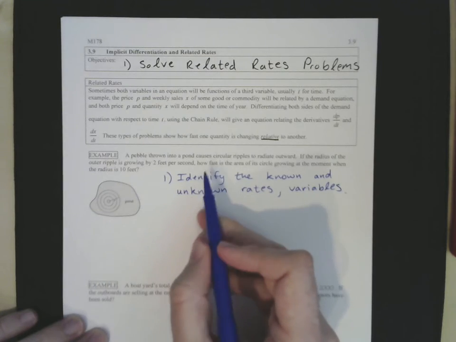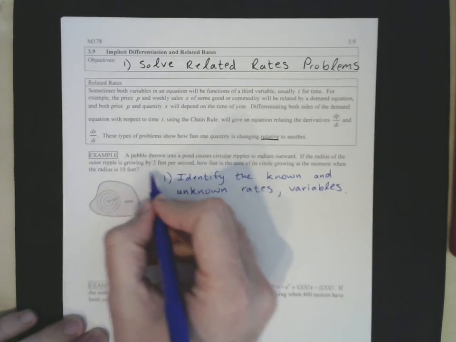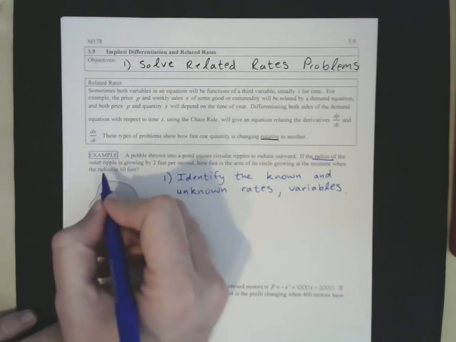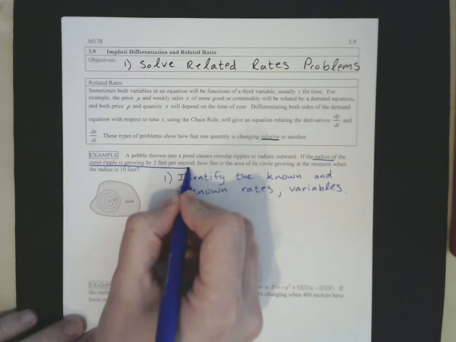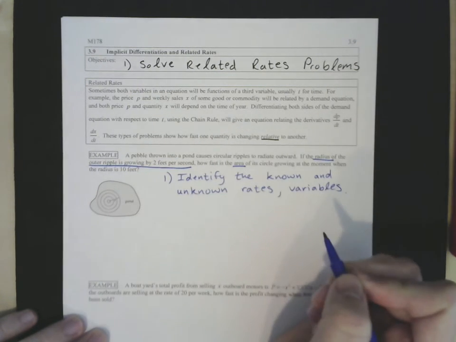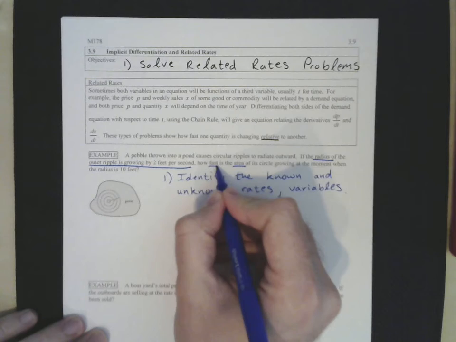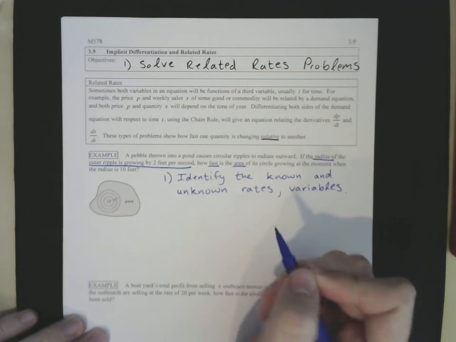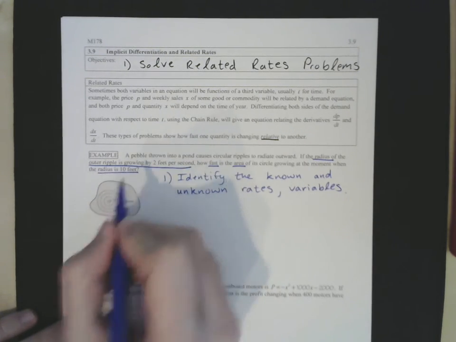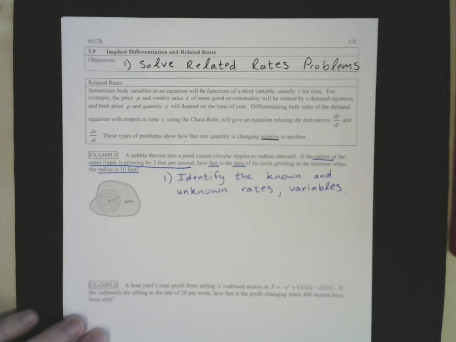So we know we have radius, which has a rate. We know we have area, and we know we want the speed of the area. And we also know the radius at a moment, at a specific time.